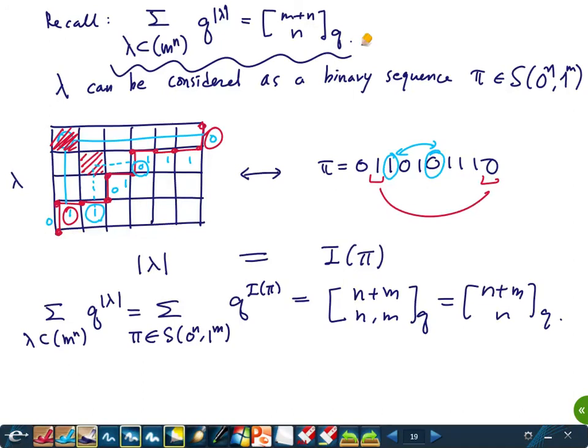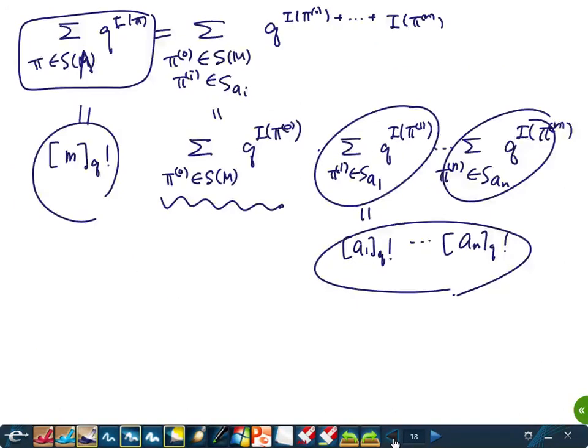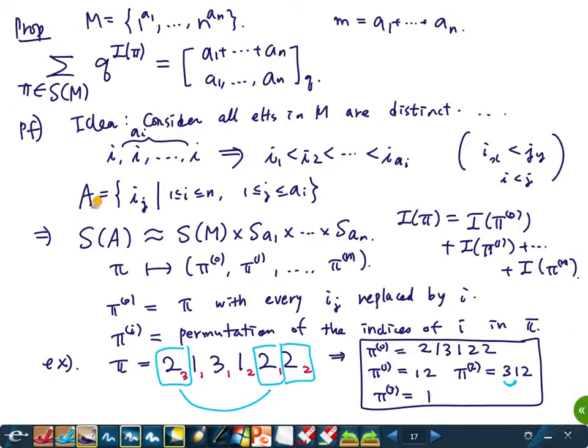Any questions? A is a set, but a set is a multiset. Yeah, A is a set, they're all distinct.